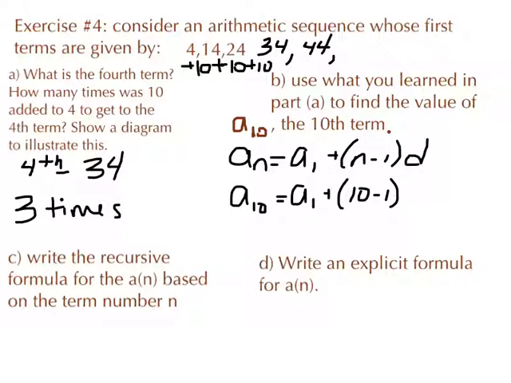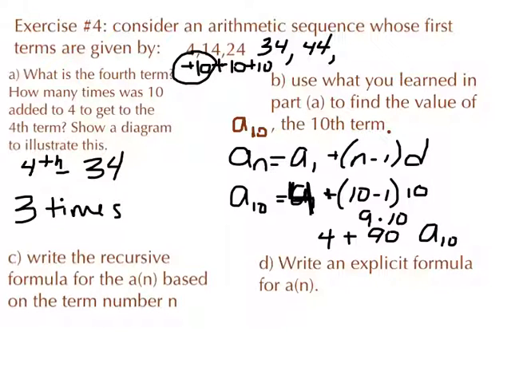The d is going to give me my plus 10, because that's my change, so it's positive 10 times 10. A sub 1 is 4, so I'm going to put a 4 in there instead of a sub 1. Now let's do the math. 10 minus 1 is 9. 9 times 10 is 90. Plus 4. A sub 10 equals 94. Did your answer match my answer?